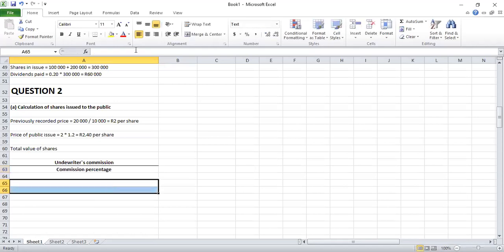Because if 6,000 is 4%, to get the total, we can simply divide. So the underwriter's commission of 6,000 divided by 4%.